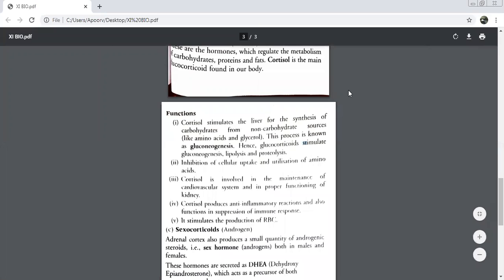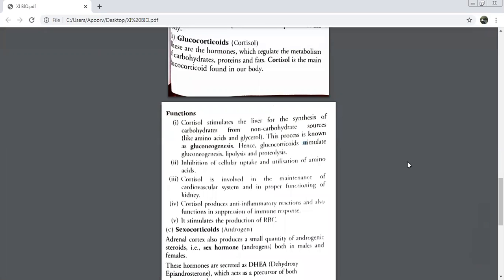And why is inflammation done by the body? Inflammation means redness and swelling at a particular place. It's a kind of immunity response of the body.